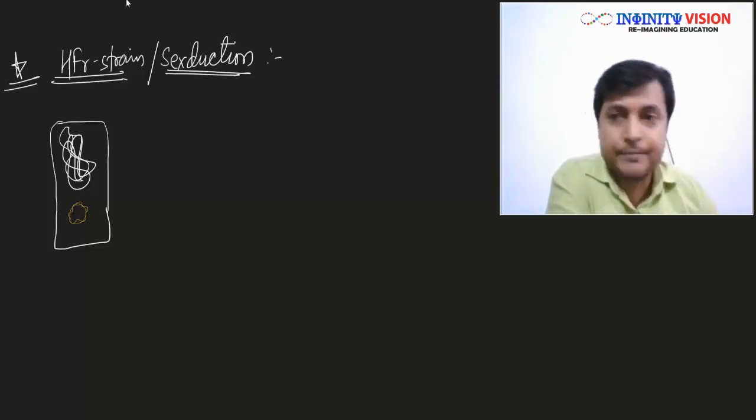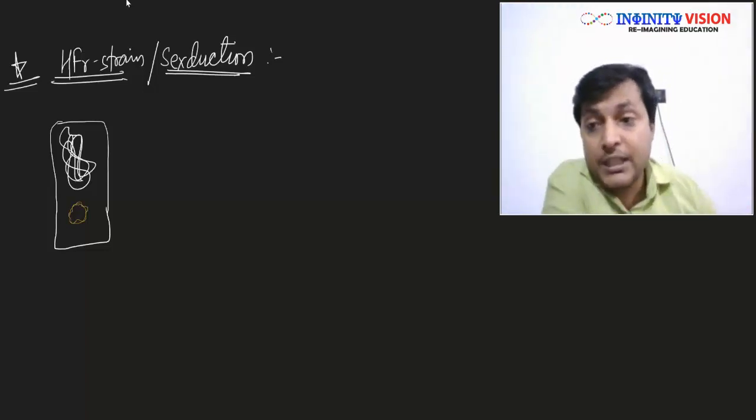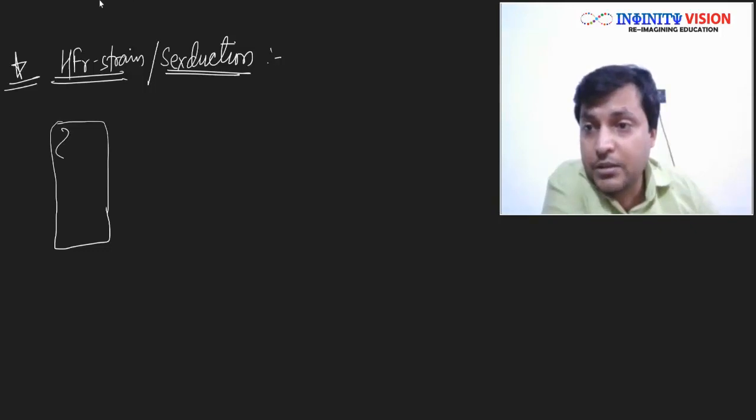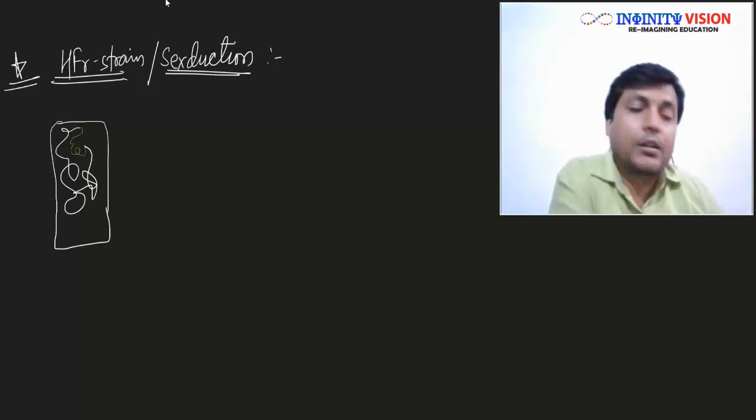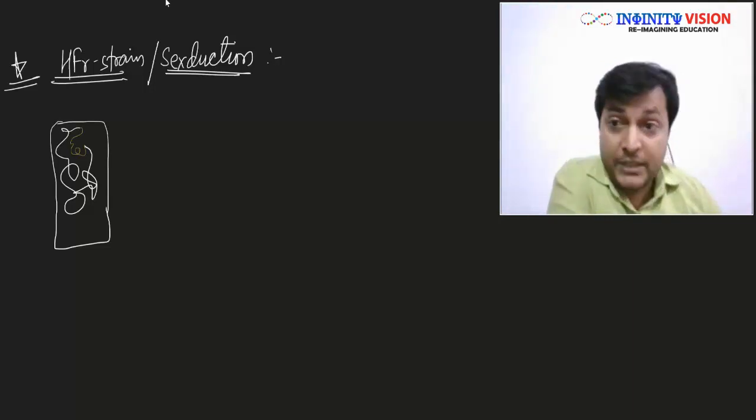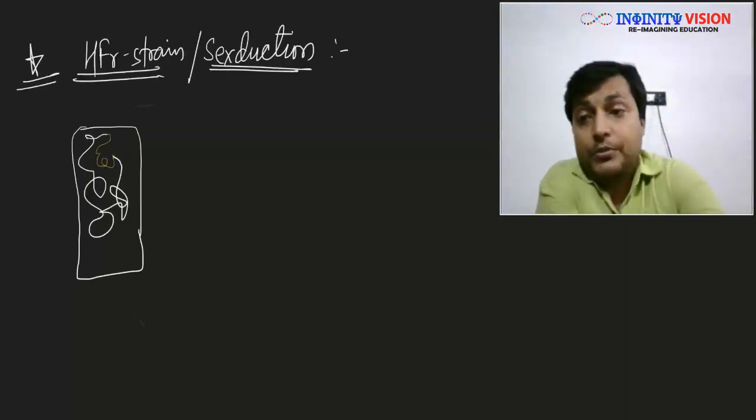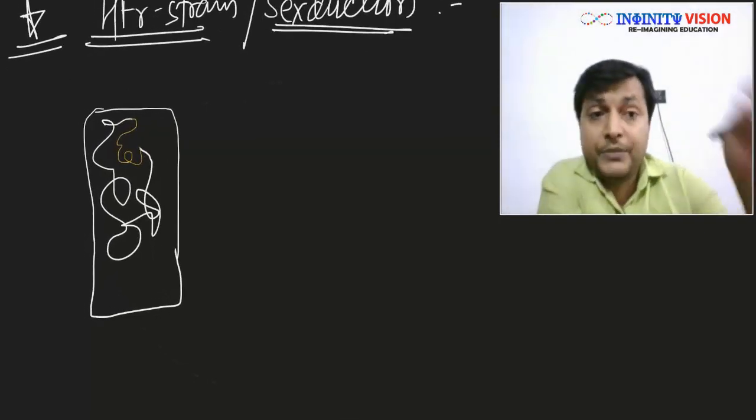Now what happens many a times is that this plasmid gets embedded into the chromosomal DNA. So let me make it for you. This is chromosomal DNA, and this is the plasmid DNA. Now, plasmid DNA gets incorporated into the chromosomal DNA.